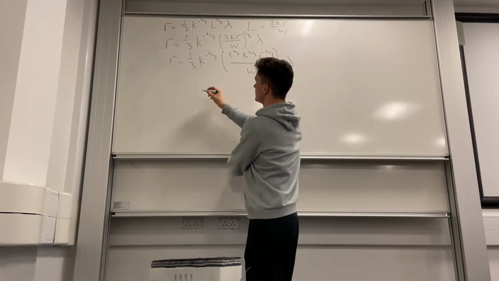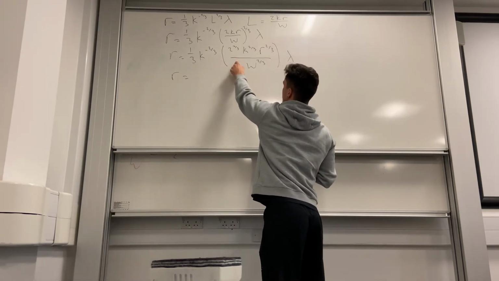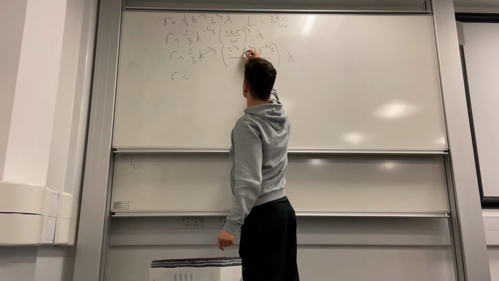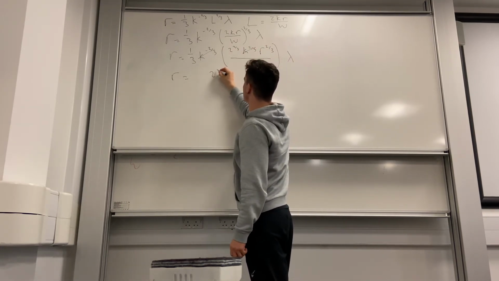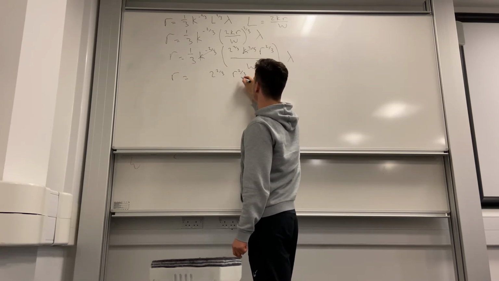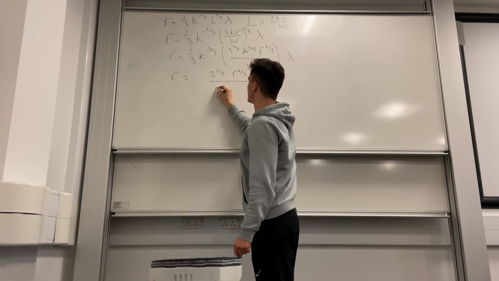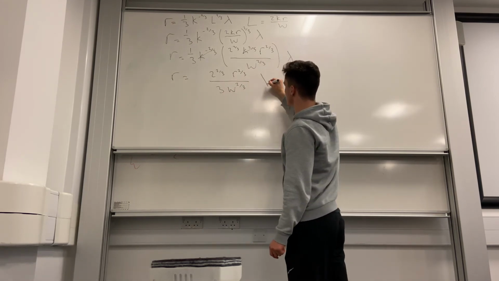So we end up with r is equal to 1 over 3 times this without k in it. So we get 2 to the power of 2 over 3 r to the power of 2 over 3 over 3 w to the power of 2 over 3 times lambda.